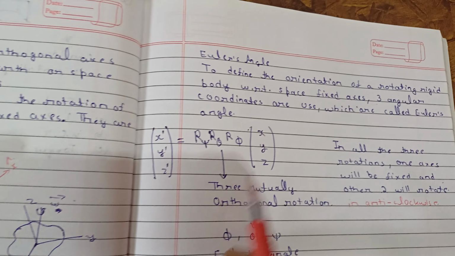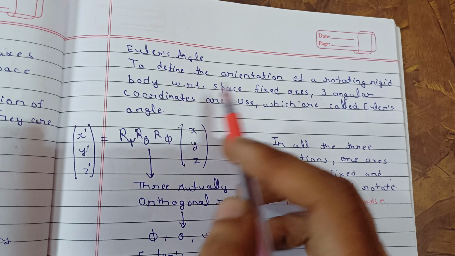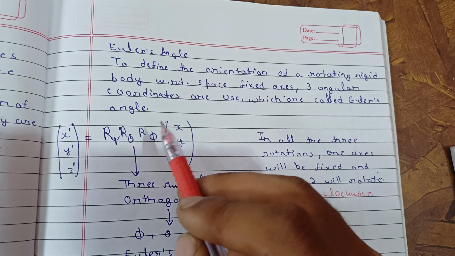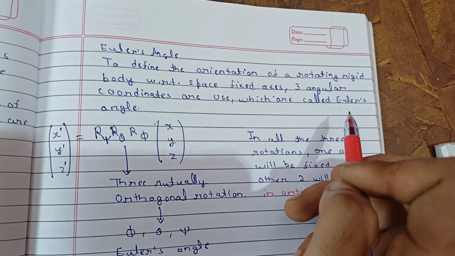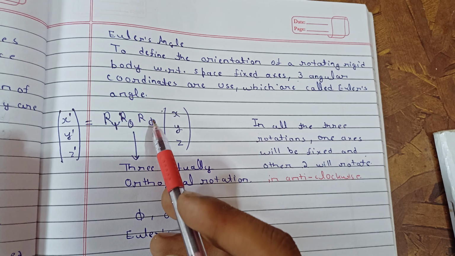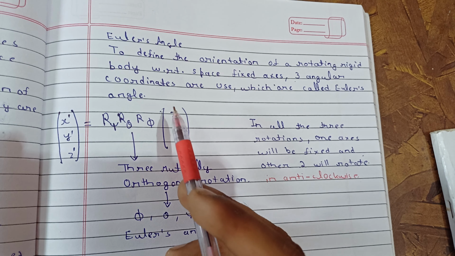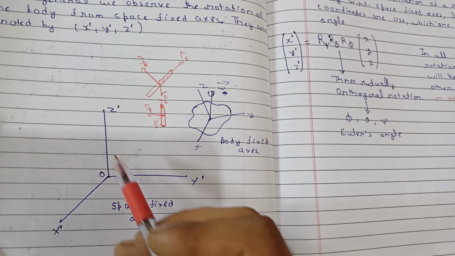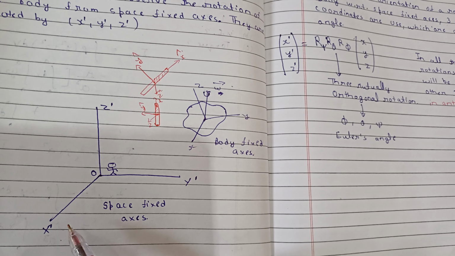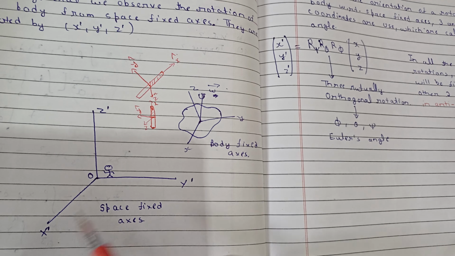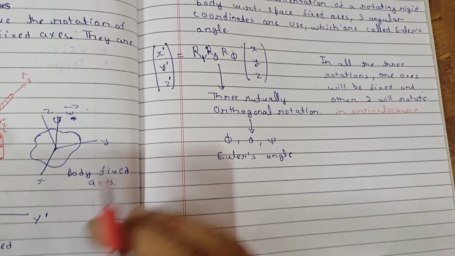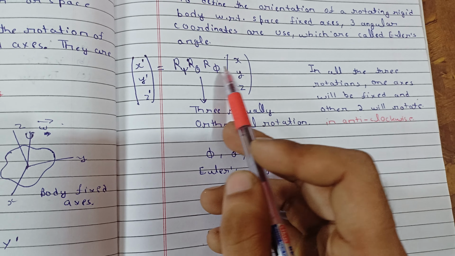And here is the definition of Euler's angles. To define the orientation of a rotating rigid body with respect to space fixed axis, three angular coordinates are used, which are called the Euler's angles. So these are the angles which we use to orient this x, y, z along the z prime, y prime, x prime. So we will operate first this phi rotation on the x, y, z.